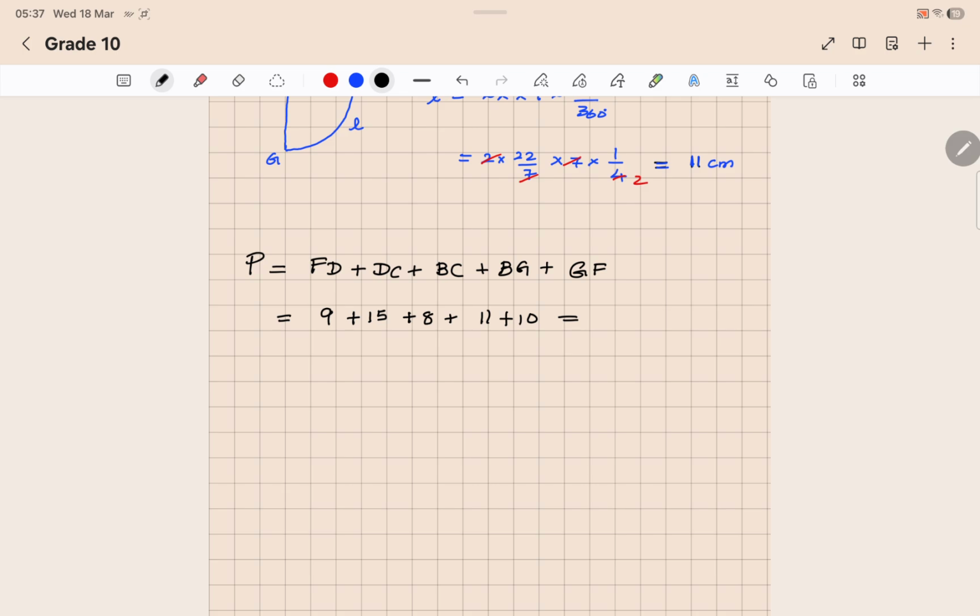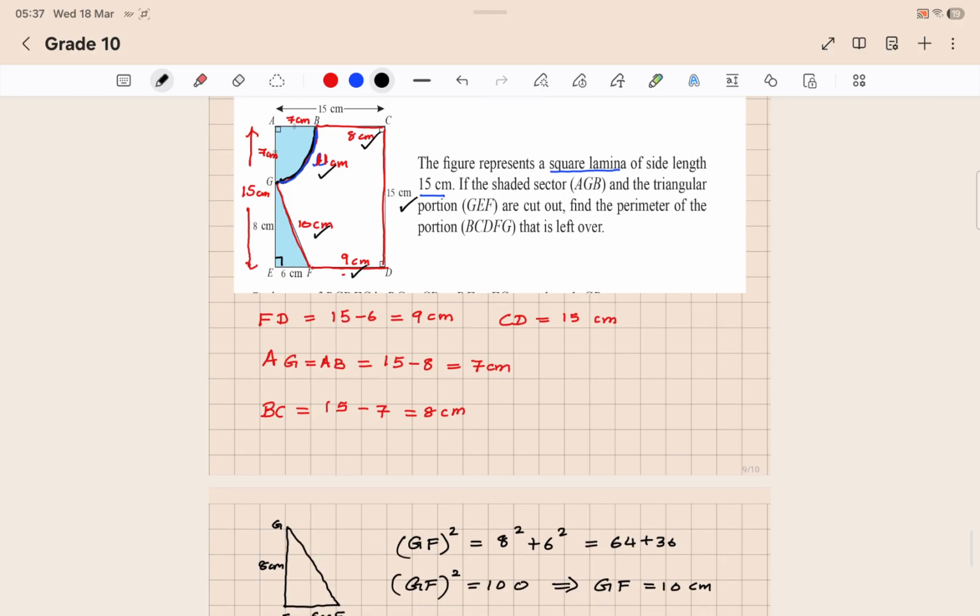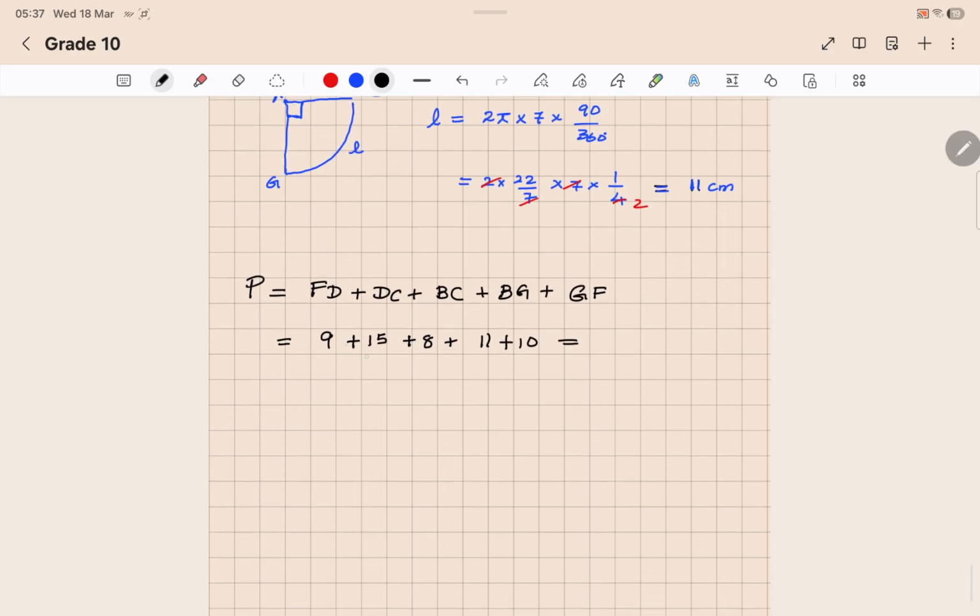So add all of them together, you get the perimeter of the portion BCDFG. 9, 15, 24, 32, 43, 53. 53 centimeters.